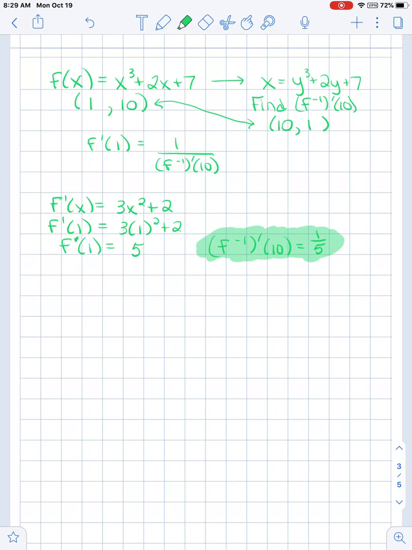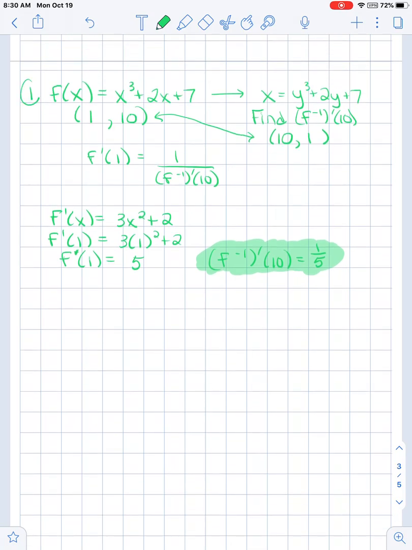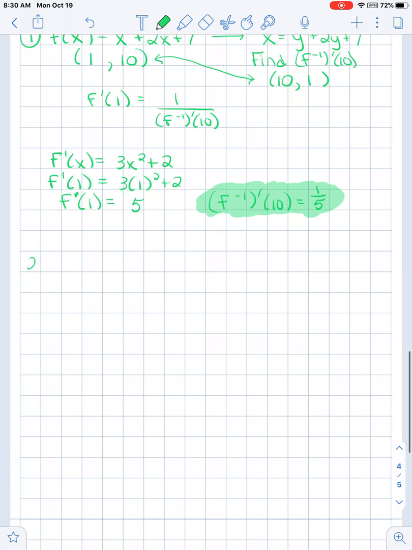Okay, let's do a problem like this. Let me number these now. What if I get a function like g of x equals x cubed minus 10?